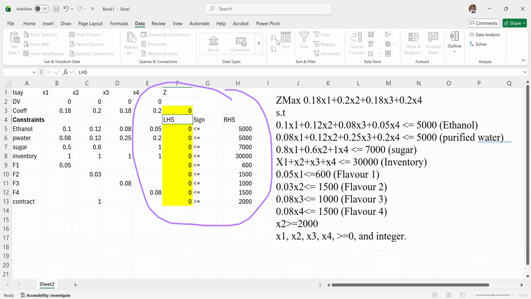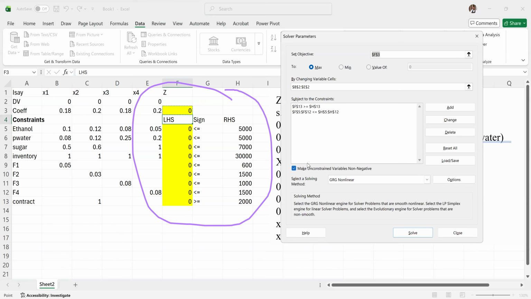Yes, please. Now, what you do is, now you have it. Click the nonlinear and make unconstrained variables non-negative. But remember something here, I'll come back to that.